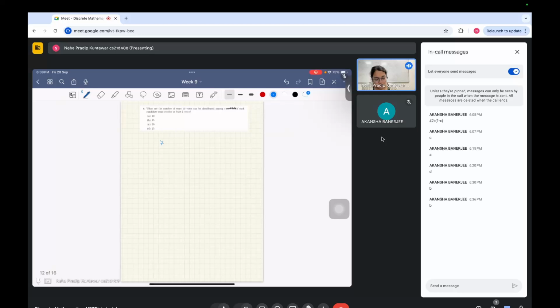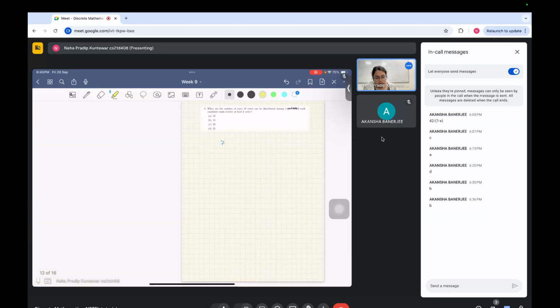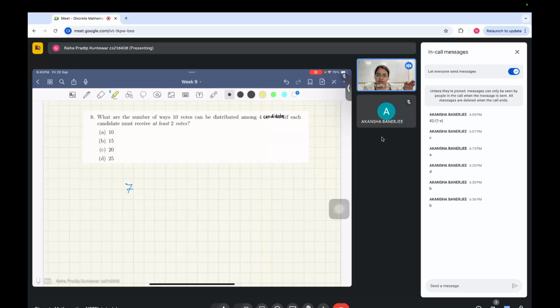Something like this, which worked earlier, is not valid now because there are candidates that don't get at least 2 votes. So definitely the number that you're looking for will be much smaller than what you got earlier because you're only reducing the number of ways. So just try this out. Just take care of the additional constraint that each of them must get at least 2.